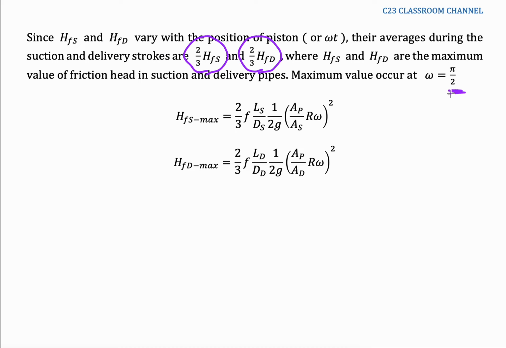This means we can calculate the maximum losses in the suction and delivery pipes using this equation. I hope you can remember this equation. Later in the tutorial, I will show you how to use it.